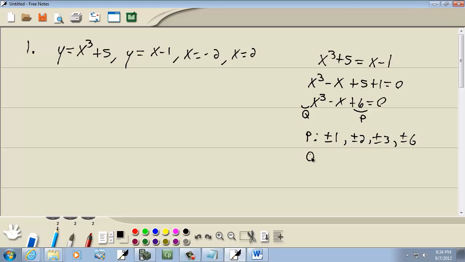So we'd have these. And then Q is the number before our x to the third, the leading term, which would be 1. And 1 times 1 gives you that. Now all of our possible answers would be each one of these P values over that Q value. 1 over 1, 2 over 1, 3 over 1, and 6 over 1, which would give us 1, 2, 3, and 6.